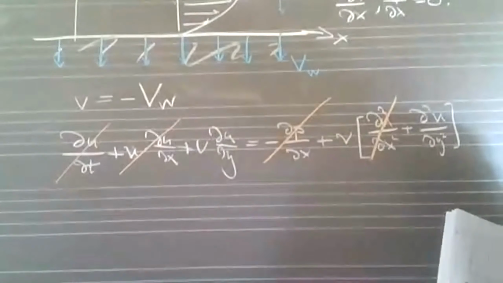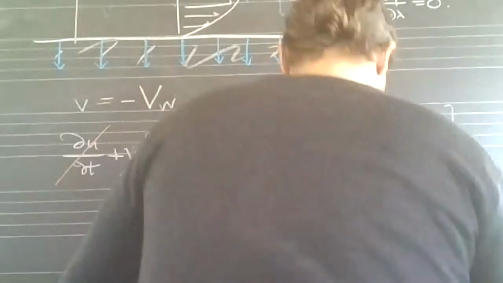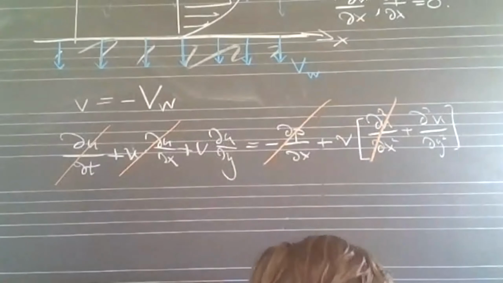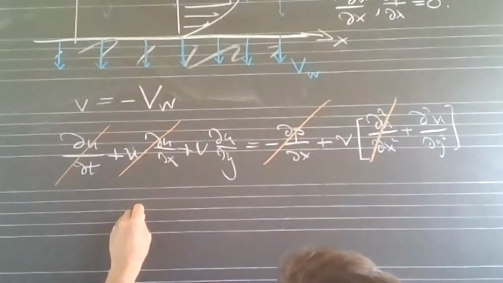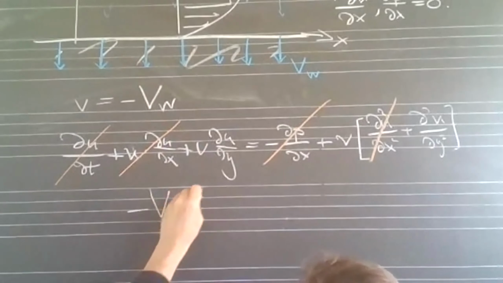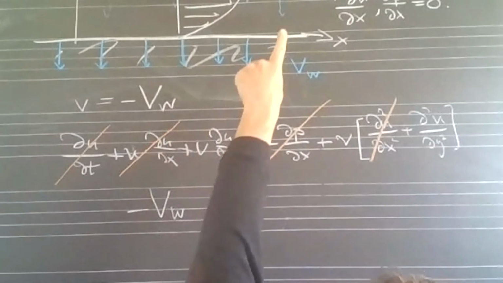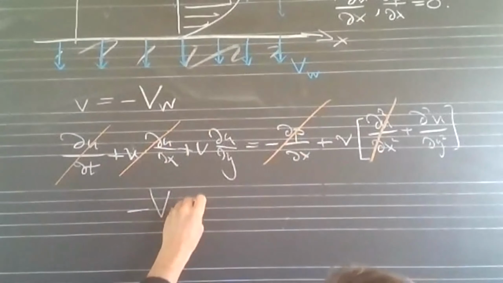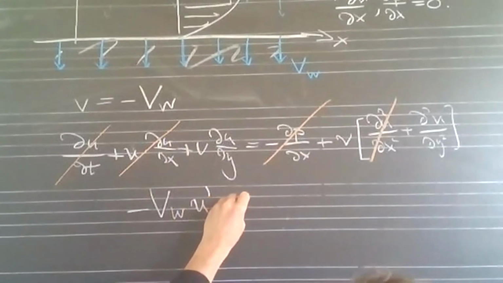So the equation that we end up with is the following. V, we already know it's minus VW, so it's minus VW times du dy, and because u is only a function of y anyway, I just simply write u prime as the first derivative.